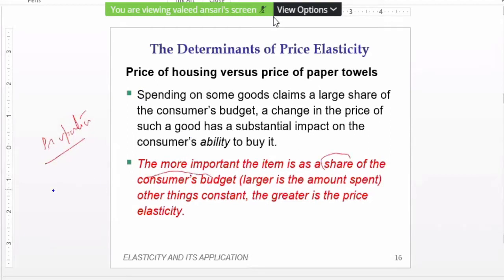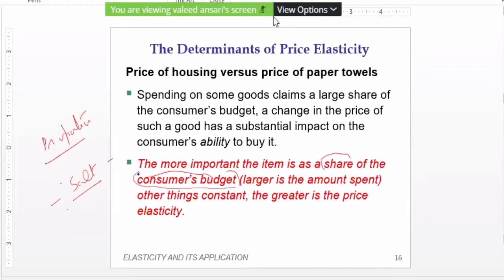If it is taking a large chunk of the consumer budget, one may be sensitive to that. But if a small amount is spent, people may continue. If the price of a very inelastic product like salt is decreased, people will not start consuming more salt. This is an extreme example.